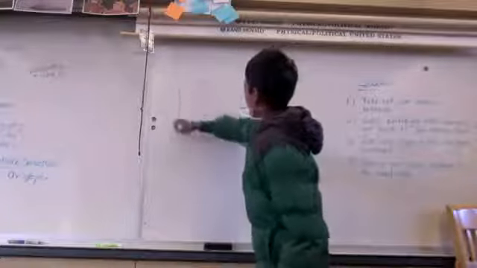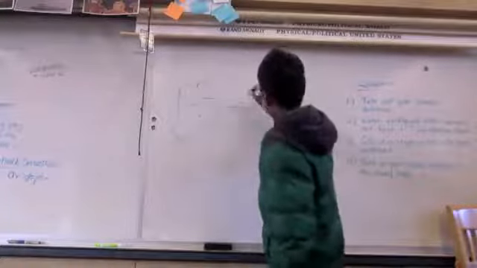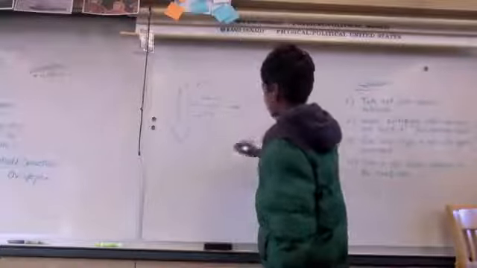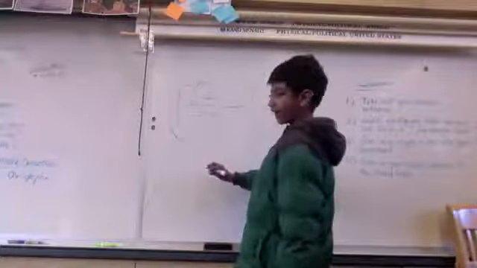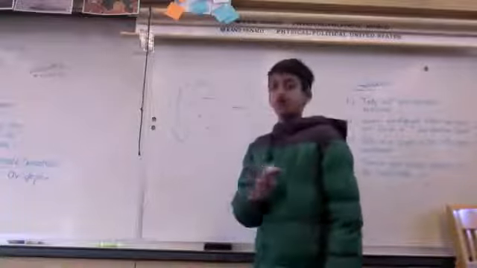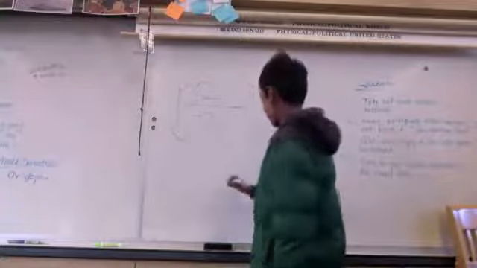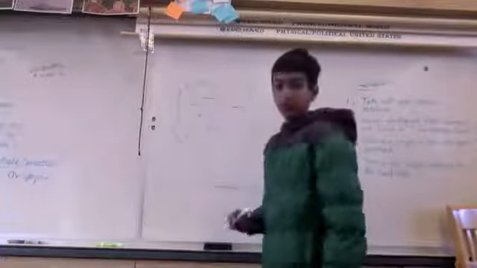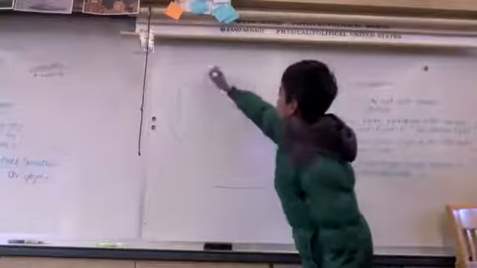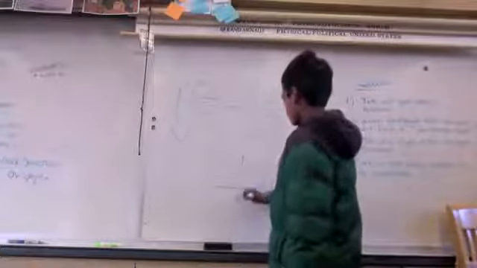You could do 1 minus 1, which is 0, and 0 has no value, so we do not write it down. Then you draw a fraction bar, and then you do 2 minus 1 is 1. Denominator stays the same, so it's 1/3.